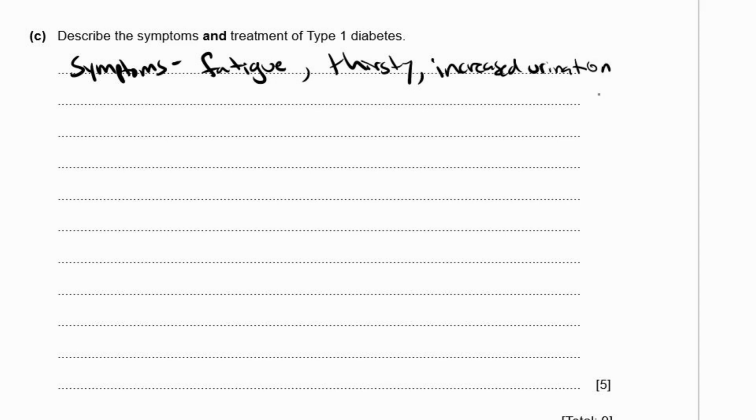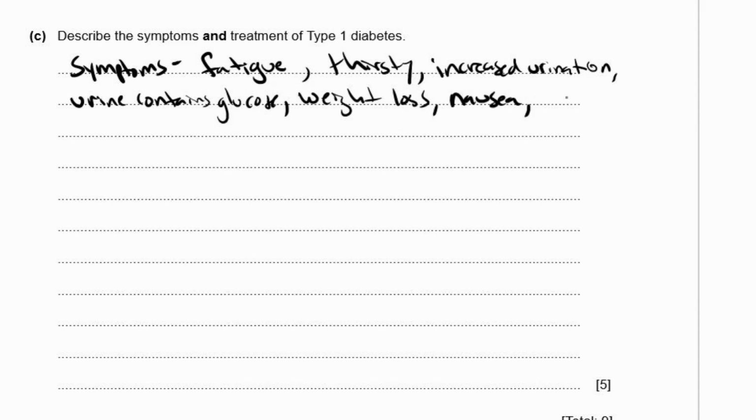And your urine contains glucose, and that's a test for diabetes. Weight loss is a symptom. And we have nausea.